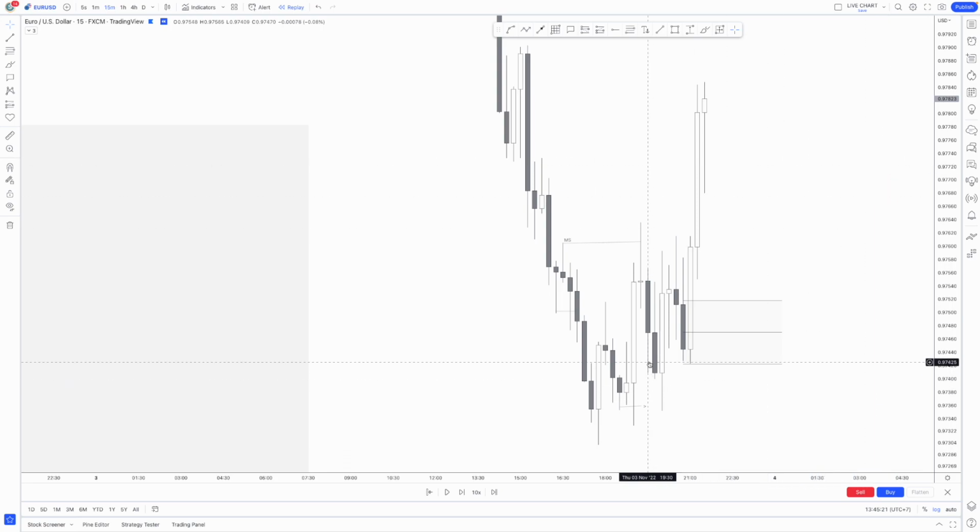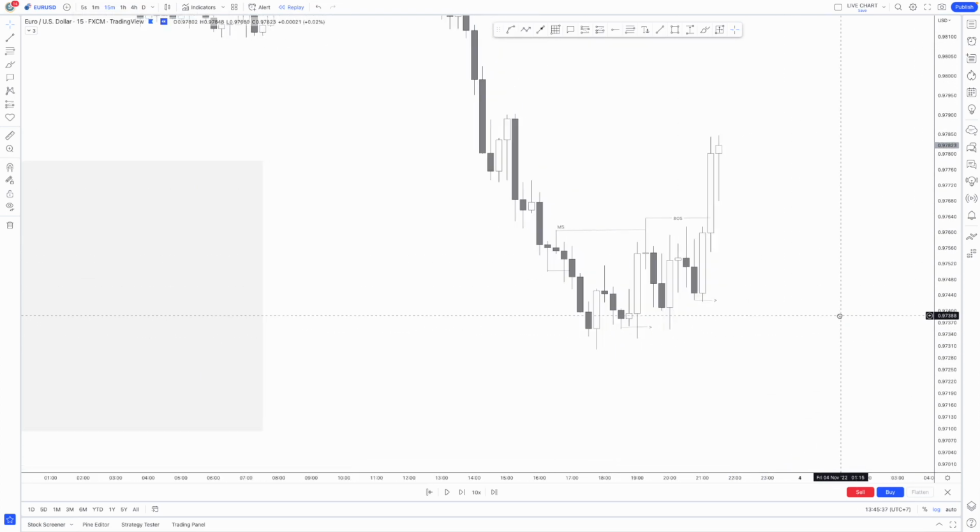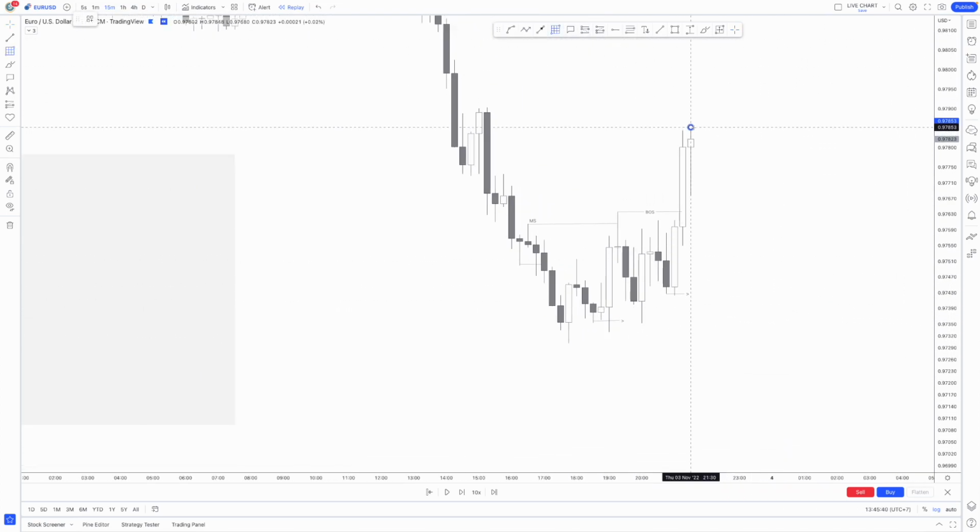Again, it sweeps liquidity. It causes a break of structure. And depending on how you like to measure the leg, the most recent leg would be from here, from the bottom.